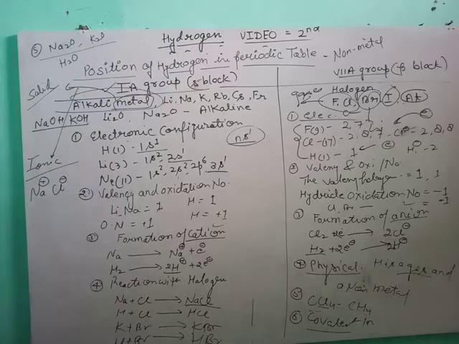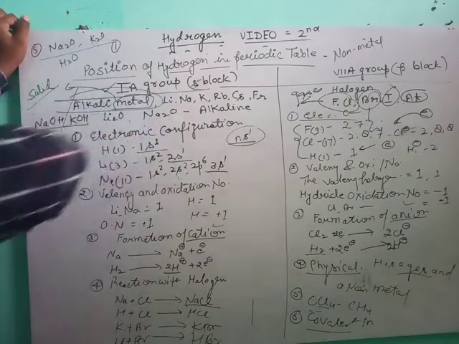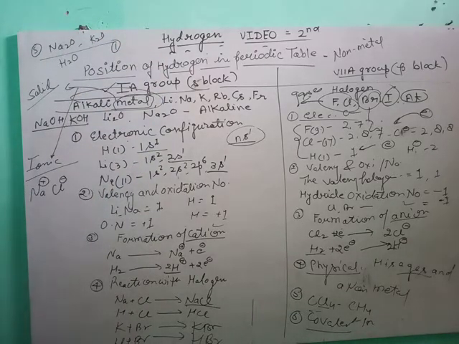And now this is a very important demerit of the periodic table, that hydrogen does not have a fixed position in the periodic table. Whenever we learn about the demerits of the periodic table, the first demerit is that the position of hydrogen in the periodic table is not confirmed.